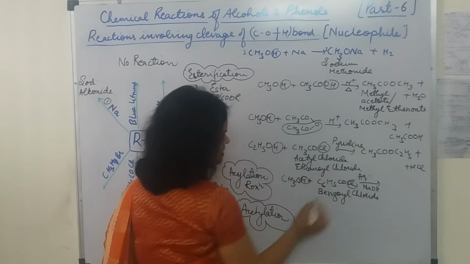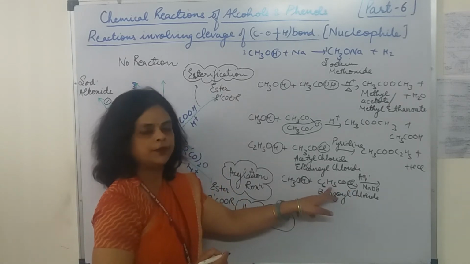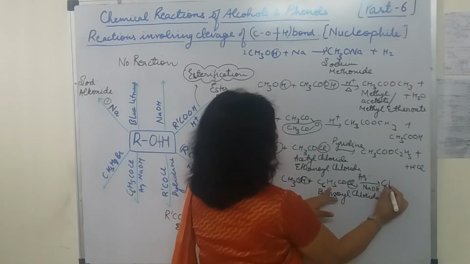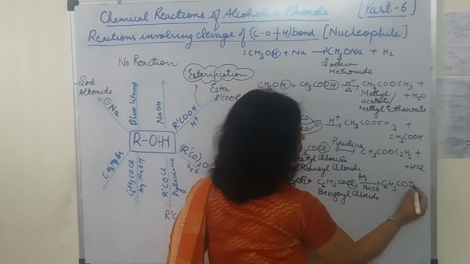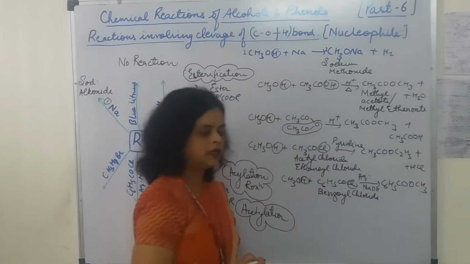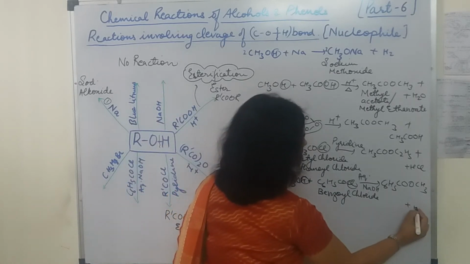H will combine with Cl, and we will start writing the name of the product from this side, C6H5CO, and from here O CH3. Okay, along with the side product, that is HCl.